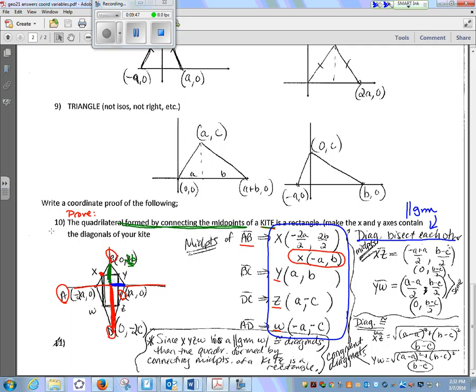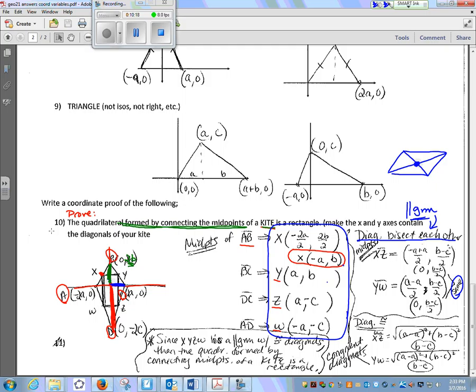You take the midpoints of the 2 diagonals, right? If we take any parallelogram and we find the midpoint of the two diagonals, if the midpoint is the same for each diagonal, then it's a parallelogram. So in fact, using these vertices that we have, it turns out that the midpoint of each diagonal is the same. Therefore, it's a parallelogram.